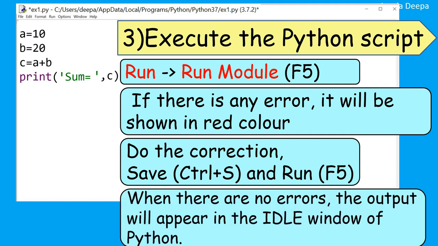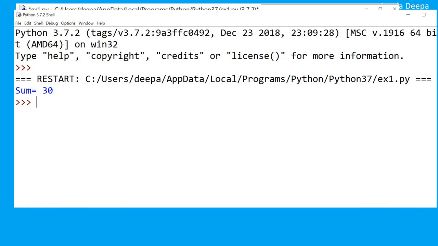When there are no errors, the output will appear in the IDLE window of Python. The output of this program will appear in the interactive mode window, which is called the IDLE window of Python. For this you will see the output: Sum is equal to 30.